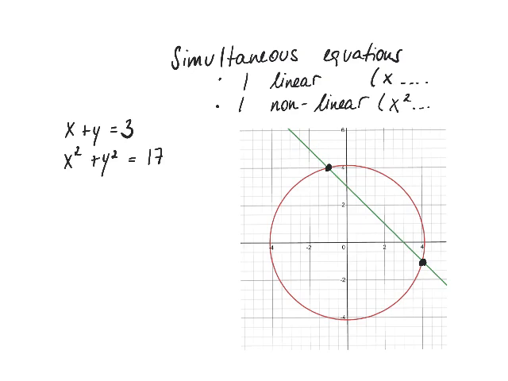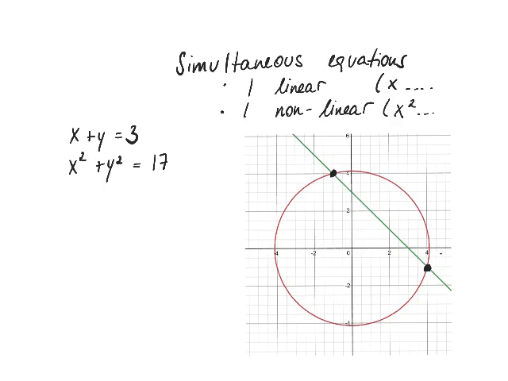The point down here is 4, minus 1, and the point up here is minus 1, 4. So that's what it looks like graphically: the intersection of the line and the non-linear graph, in this case a circle. Let's see algebraically whether we can find these 2 points as well.